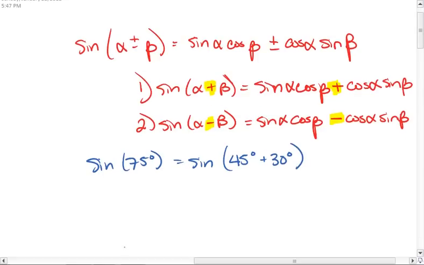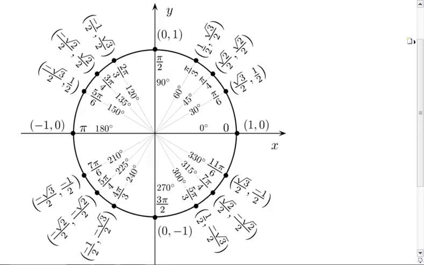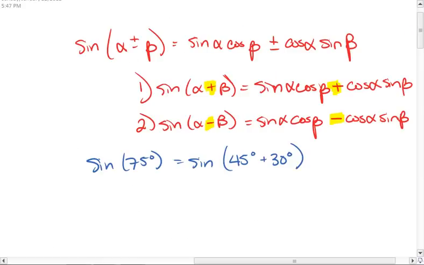So if we go to our unit circle, we can find 30 degrees and 45 degrees. We know where those are. We have 30 degrees there and 45 degrees here. Alright, so we're going to let the 45 be alpha and the 30 be beta.